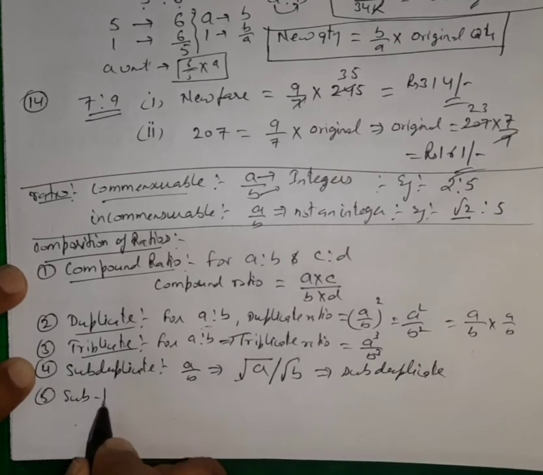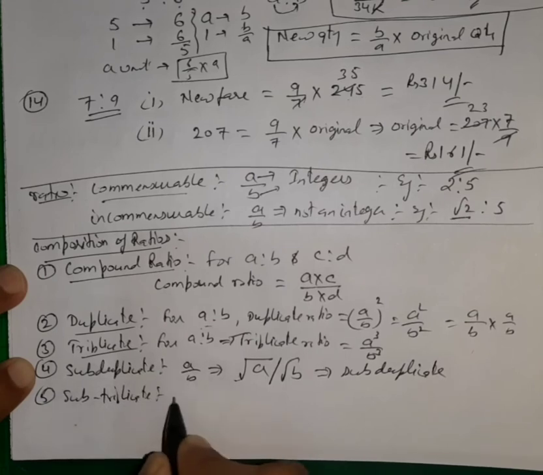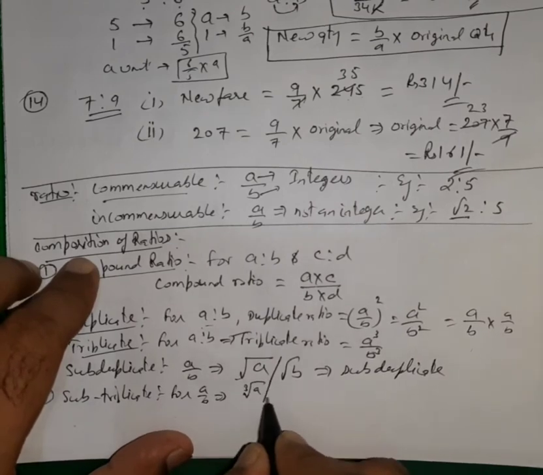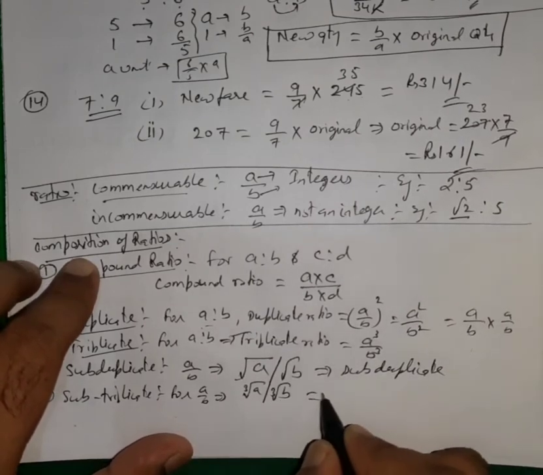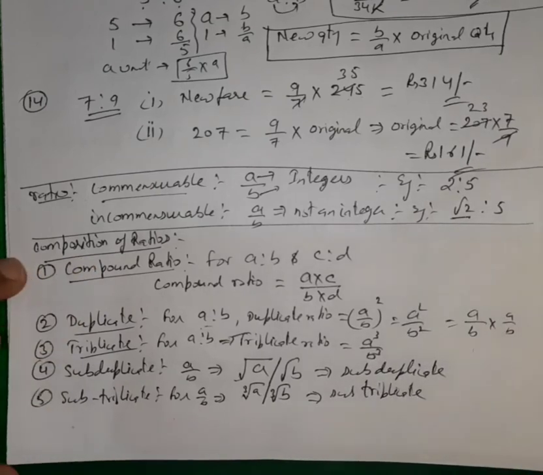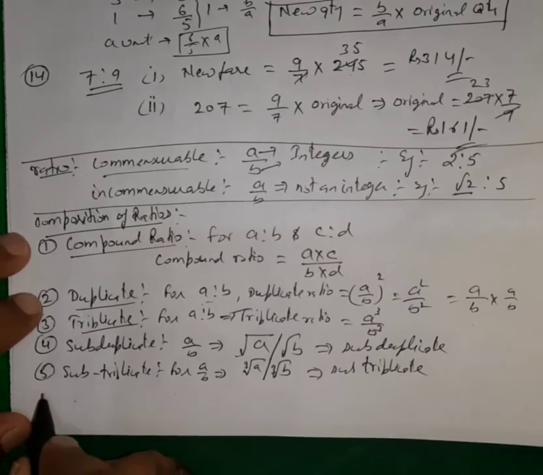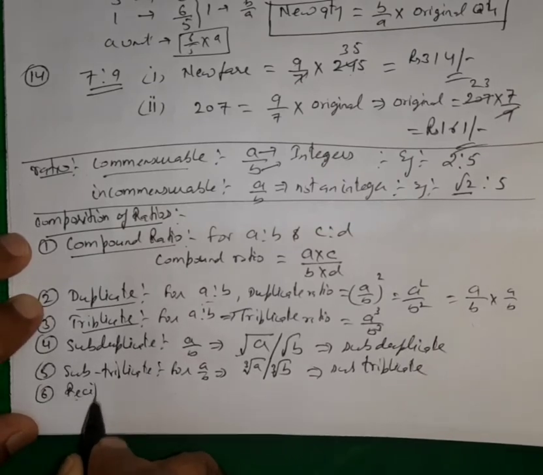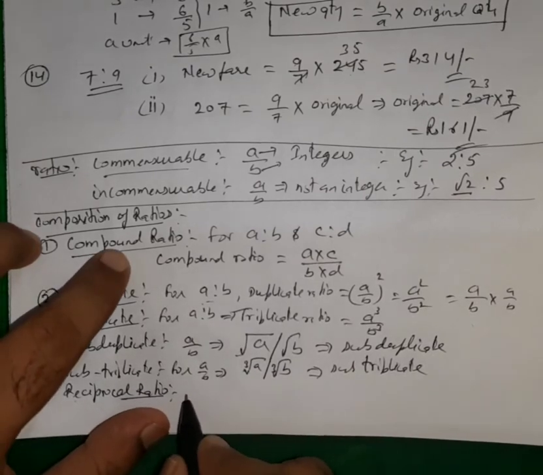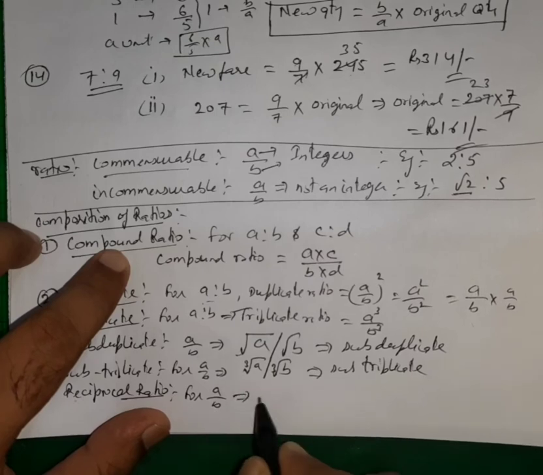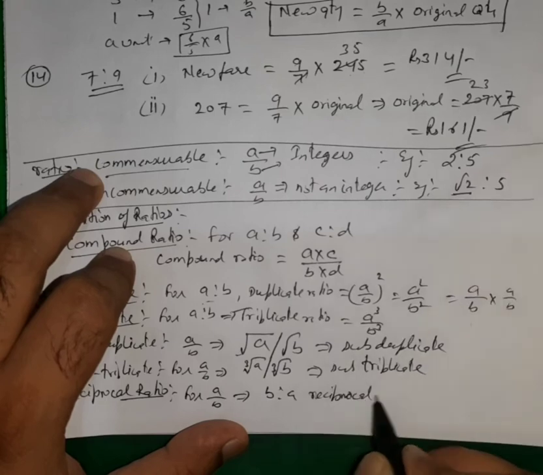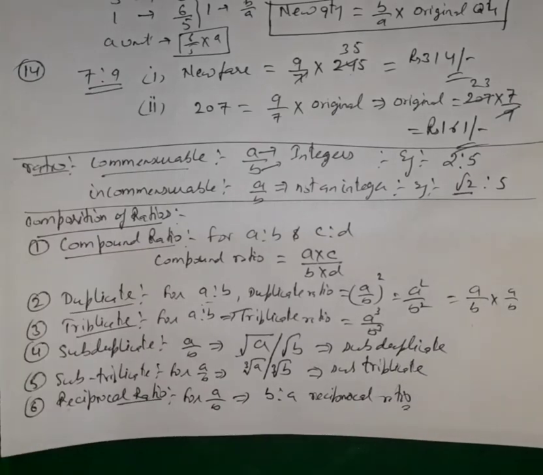And now subtriplicate. For A over B, the subtriplicate ratio is cube root of A over cube root of B. This is the subtriplicate ratio. And now one more, that is the reciprocal. Reciprocal means for A is to B, B is to A is the reciprocal ratio.